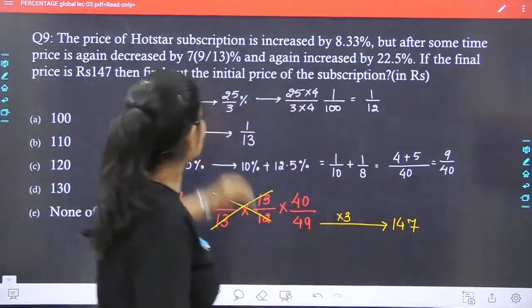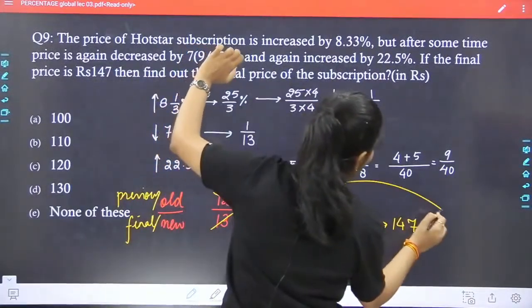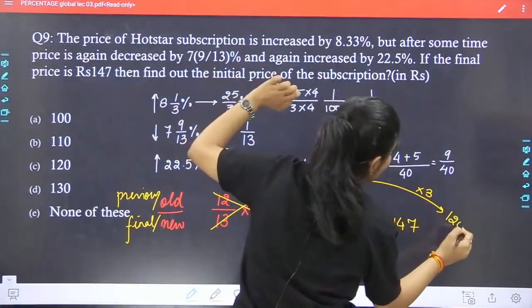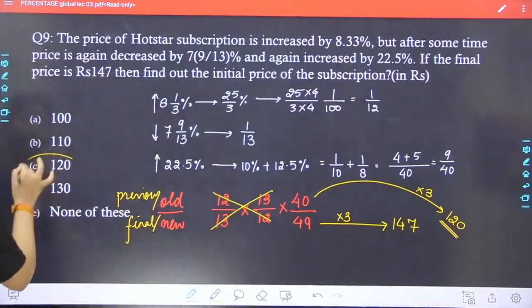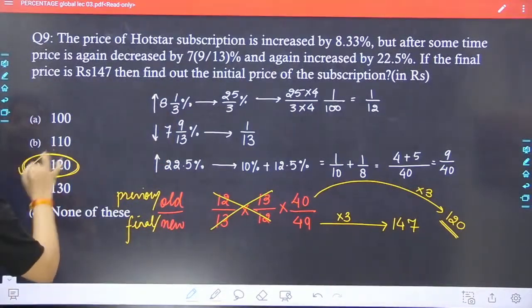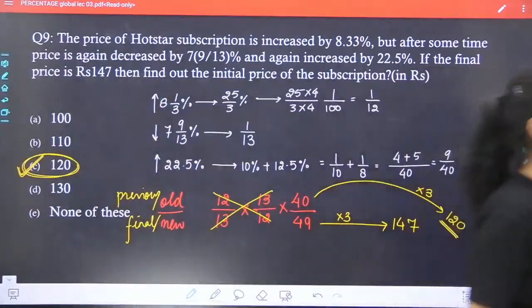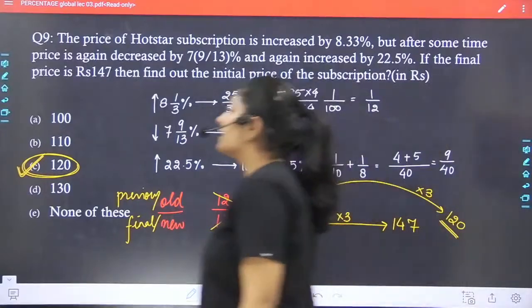Now what we have to do, we have to find out the initial price. We multiply this value by 3 just to get the initial value, and it is equal to 120 rupees. So the initial price of the Hotstar subscription is 120 rupees. Is it clear?